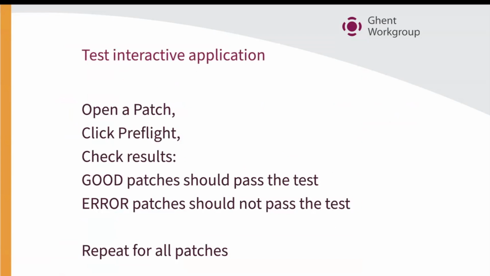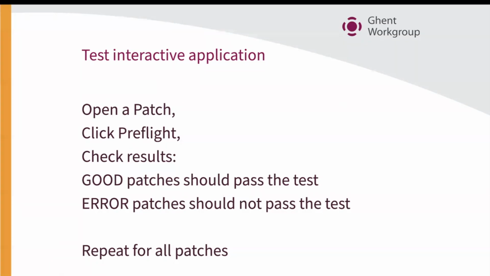It's actually quite simple. You open your application, you open a patch, you either click preflight if it's not preflighted automatically, or if it's an application with an automatic embedded preflight engine, it will automatically run the tests, and you should check the results.